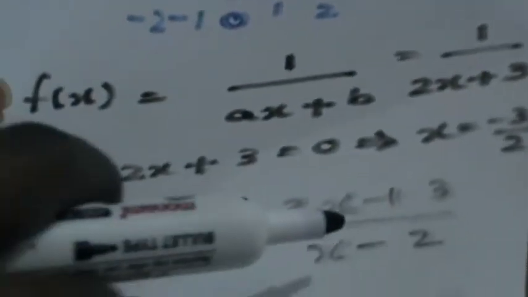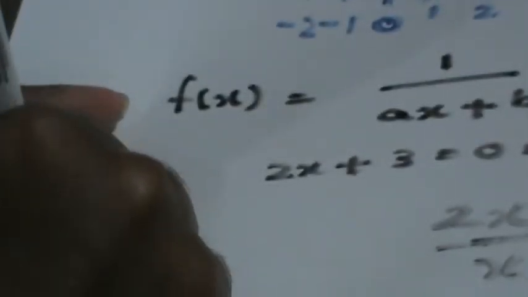Similarly here, we have to exclude 2 as a value. You can take values from 1.99999 to minus infinity, as well as 2.00001 to positive infinity. So we call this the domain of the function.